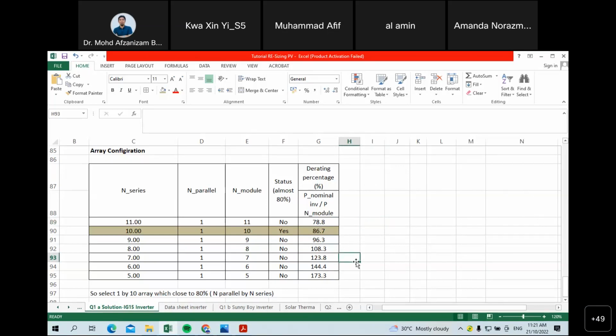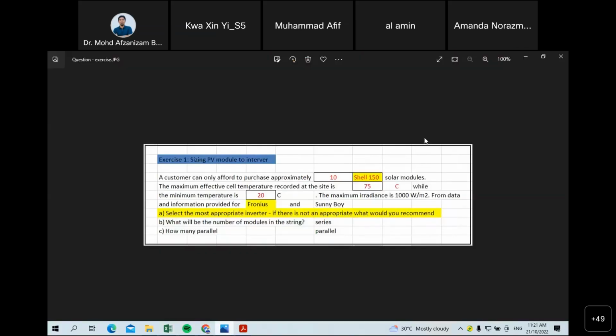The answer is like this, Kwa. Why doesn't sir choose this 78.8, even though it is close to 80% with 11 modules? Because sir goes back again to the information from the question. We are only entitled to have only what number of modules? 10.